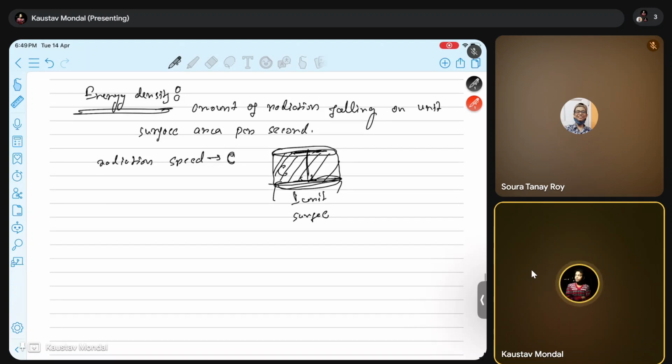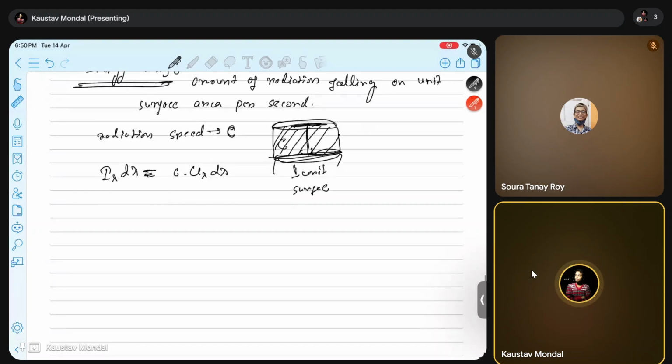So we have to calculate the amount of radiation inside the cylinder of length c and surface area of 1 unit. That is nothing but I lambda d lambda, which will be equal to c into u lambda d lambda. So from here you can write I as c into u, so u would be I by c. This is the expression of the energy density.